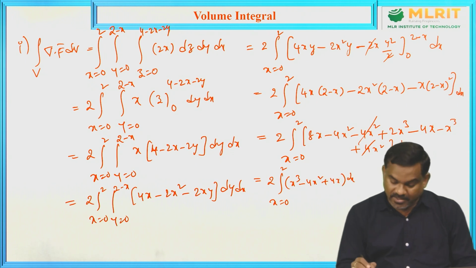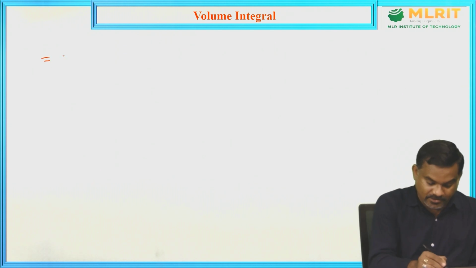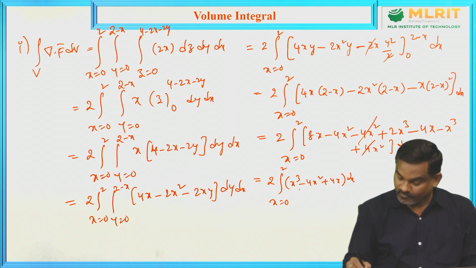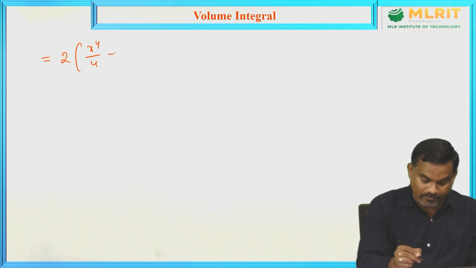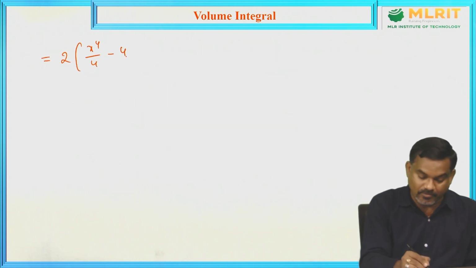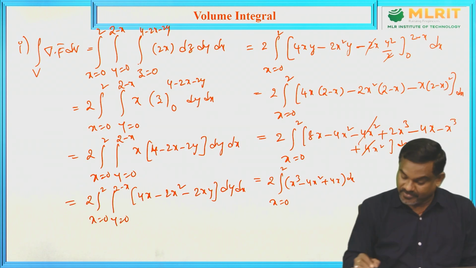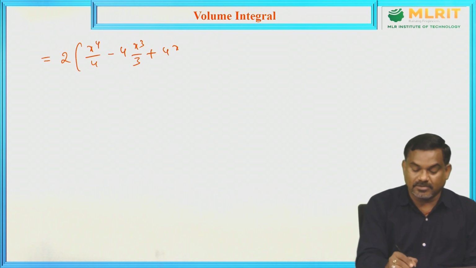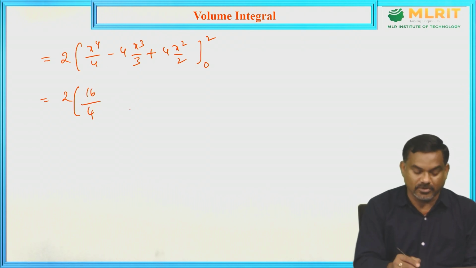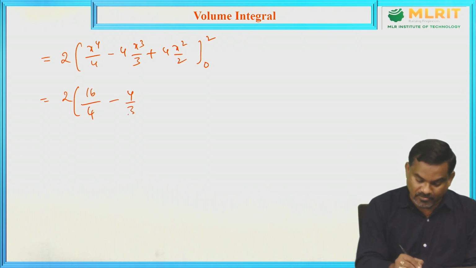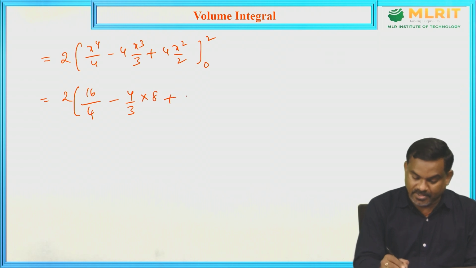So by integrating this, we get 2 into x power 4 by 4 minus 4x cube by 3 plus 4 x square by 2, from 0 to 2. So upper limit: 2 power 4, 16 by 4, minus 4 by 3 into 8, plus 2 into 4.